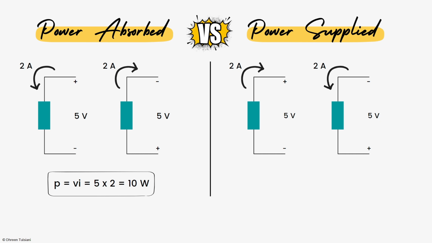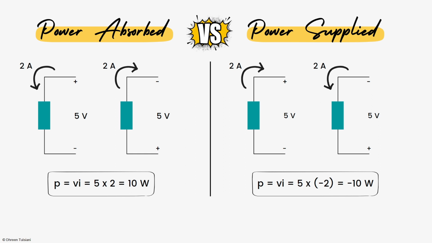Because the current 2 amperes here is flowing from the negative terminal to the positive terminal, it will be represented as minus 2 amperes. When we calculate power, we would multiply 5 volts with negative 2 amperes and the result would be minus 10 watts.